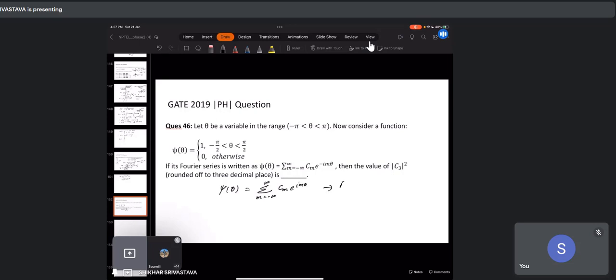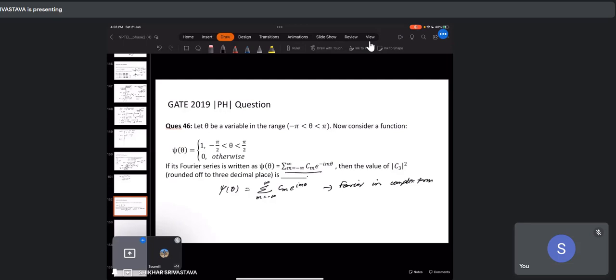So this is nothing but Fourier series in complex form, complex notation. Okay, so they have already given this in the question. Then what is the value of absolute C3 whole square, absolute value of C3 whole square?